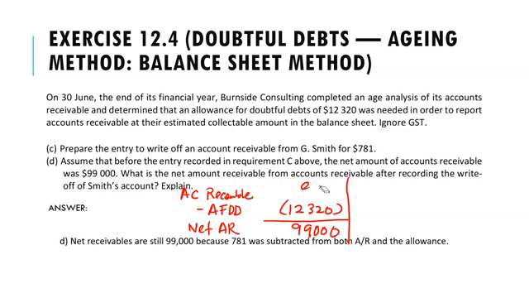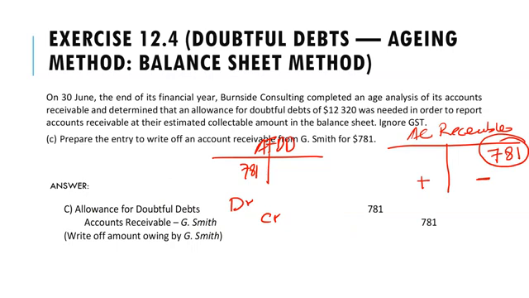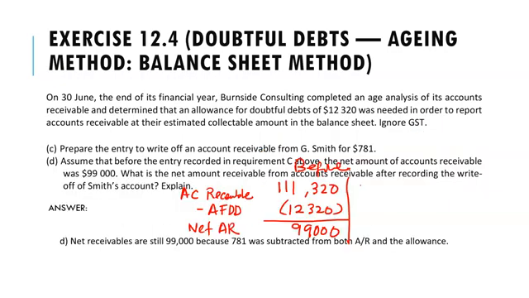Can you follow me? This is before. So what is your account receivable balance? It should be 99,000 plus 12,320. That gives you 111,320. If you perform this process and write off your bad debts, your account receivable here will not be 111,320.